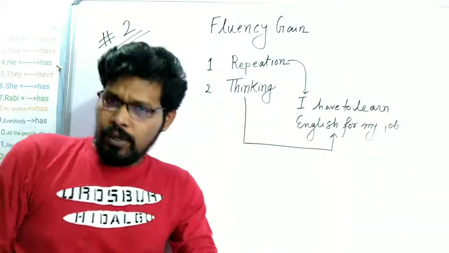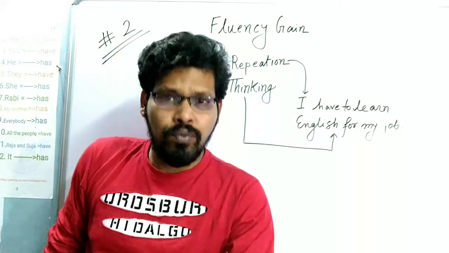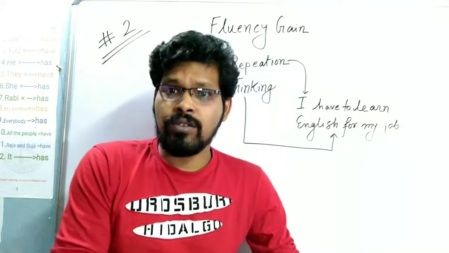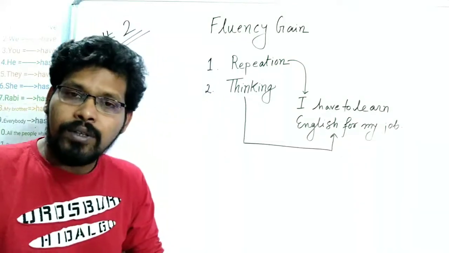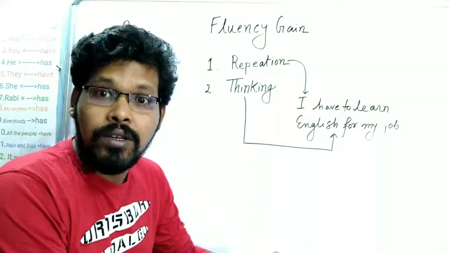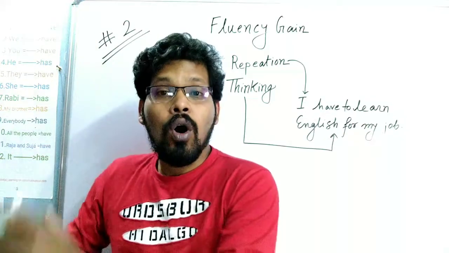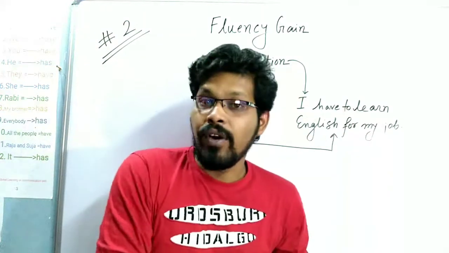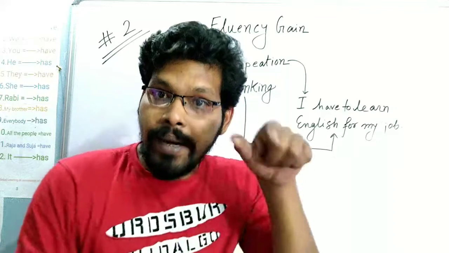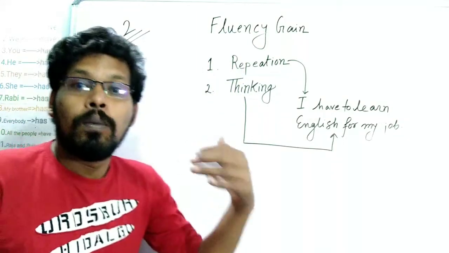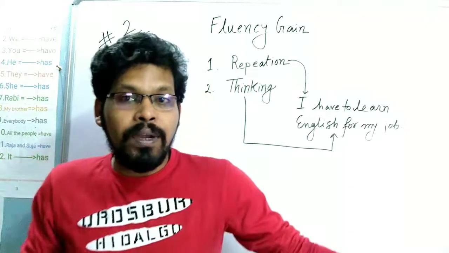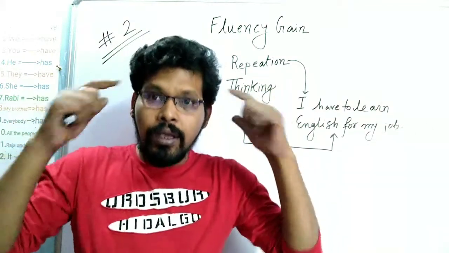How can we develop our English fluency? In the first episode we discussed many things: the subject and verb, auxiliary verb and main verb, and their relation. But now in this episode we have to practice by repetition and thinking.